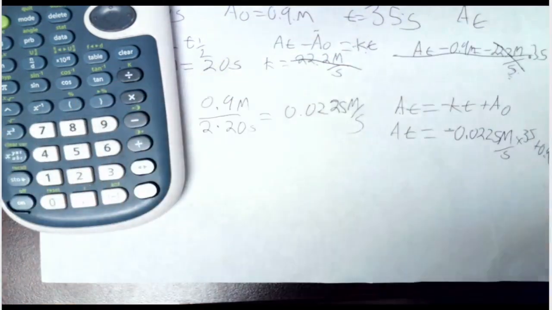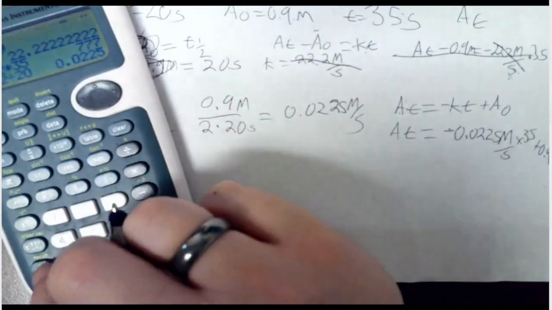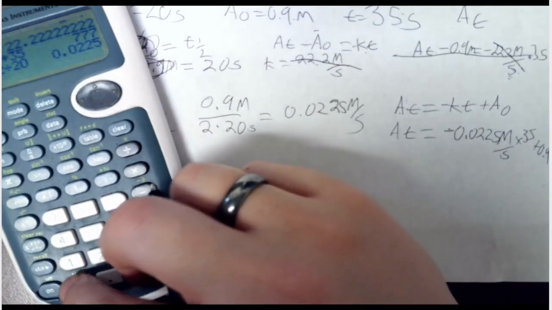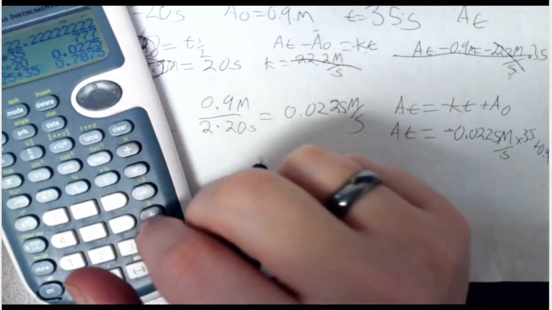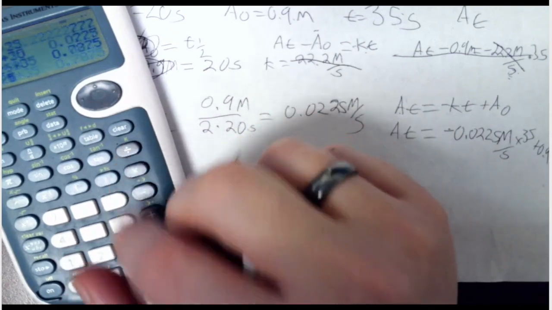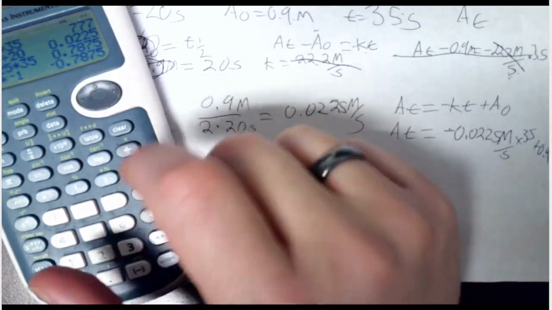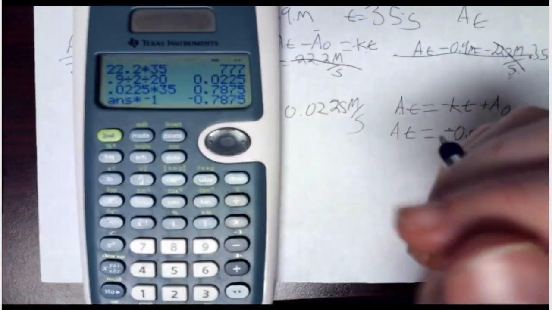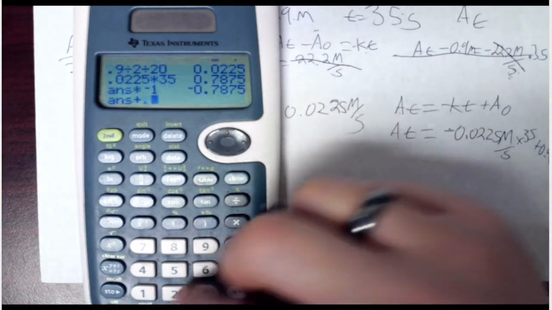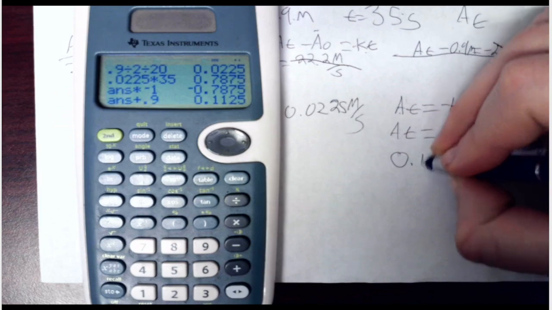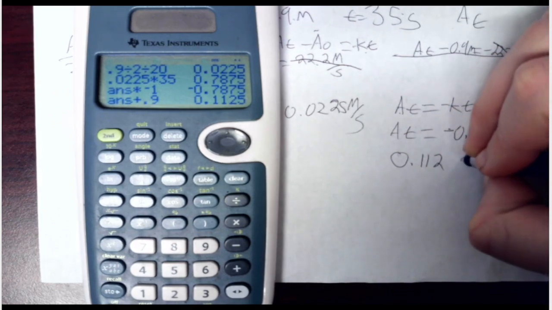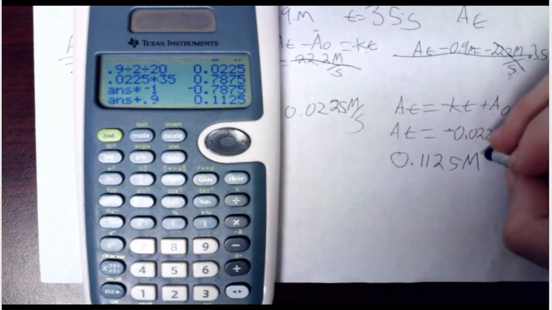So you'll notice this number will not be negative when all said and done. 0.0225 times 35 is negative 7.875. Now I add 0.9 to this, and the amount of sample I have left is 0.1125 m.